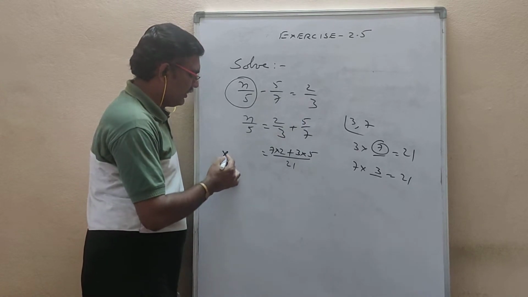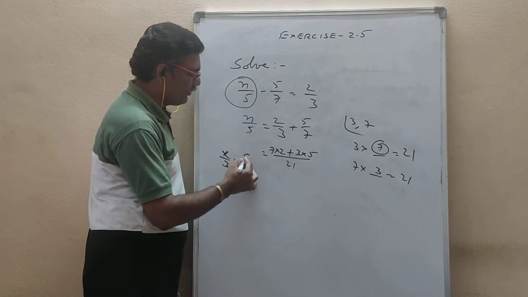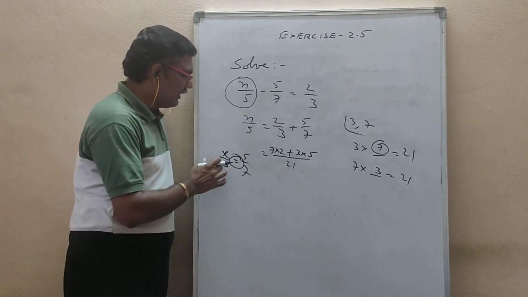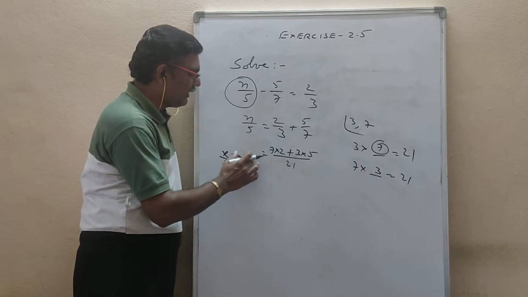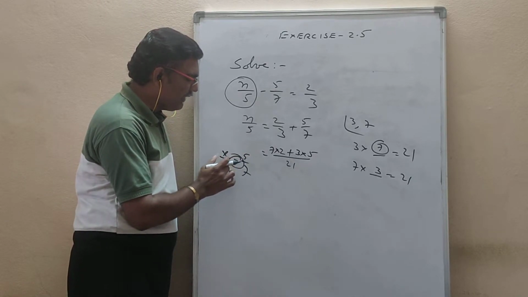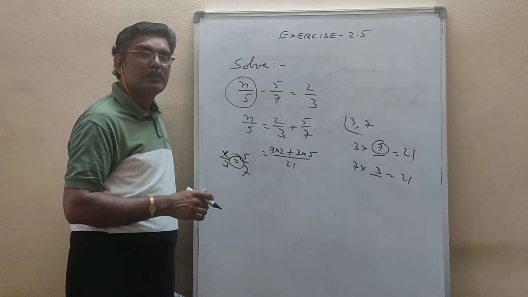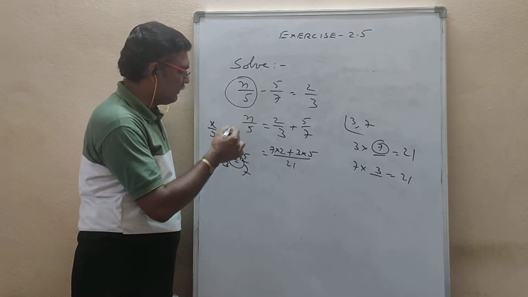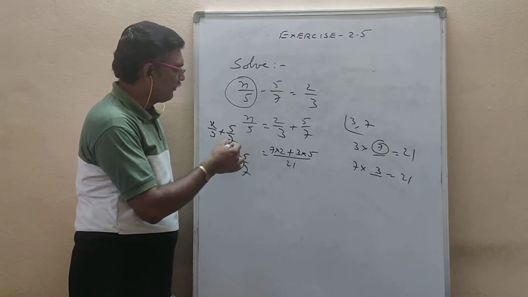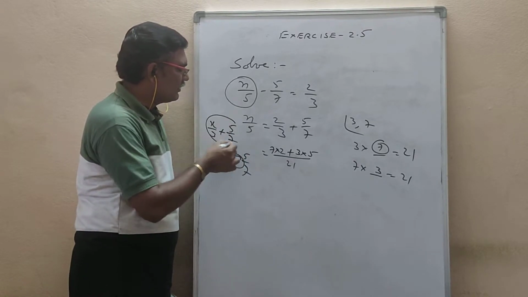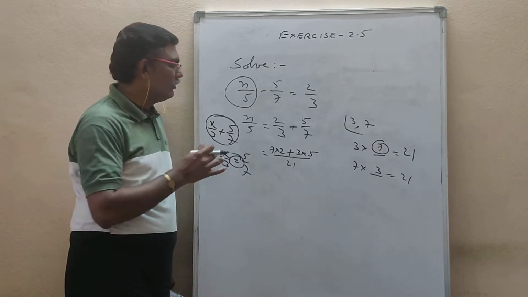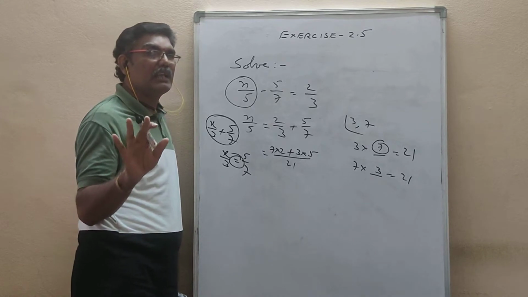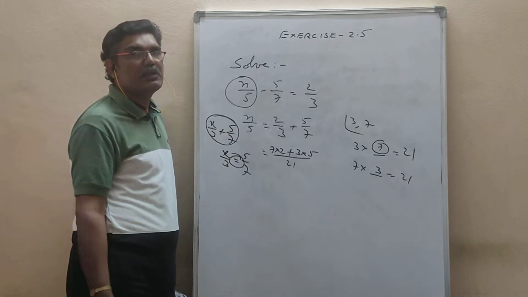Listen carefully. Cross multiplication you do only when the equal to symbol is there, because a dividing quantity will go to the other side and multiply when it crosses the equal to. So no teacher should say that x by 3 plus 5 by 7 needs cross multiplication. They say it just for our understanding, but it is 100% wrong.